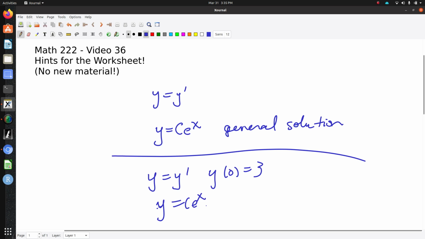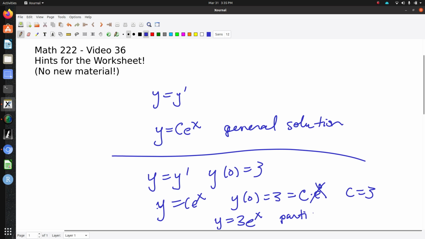Okay, you'd do that. And then you'd say, wait, if y of 0 is equal to 3, and that's equal to c times e to the 0, but that's 1, so c equals 3. Then you plug it back in. Then you would say y is equal to 3 e to the x. That is a particular solution.